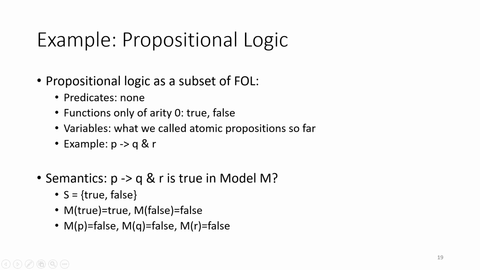Of course, the domain would usually be true and false, and the constant true we map to the value true, and the constant false we map to the value false. Now we would have to assign these variables to some values in S. So to satisfy this, to make it true, we could, for example, set P false, Q false, and R false. Then we have false implies, and we don't need to go on because that's already satisfied. Okay.